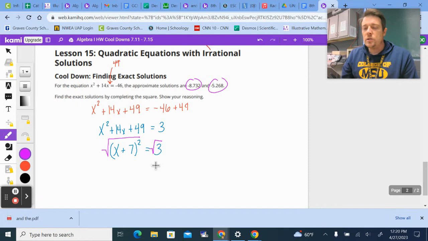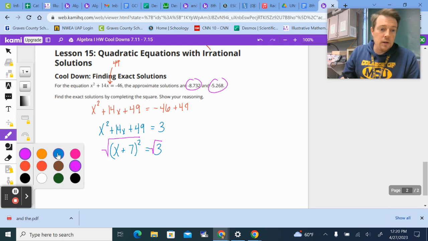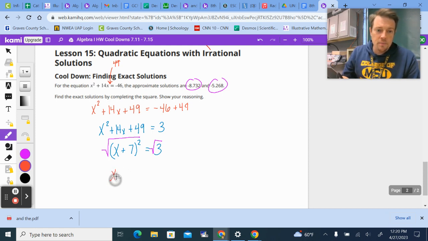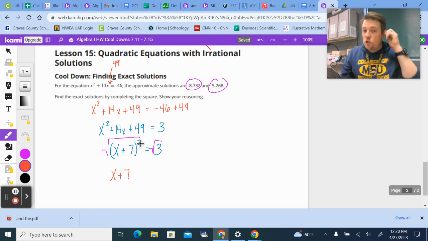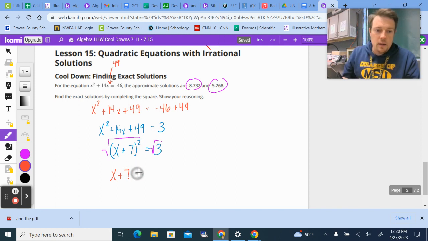But it's not just the square root of 3, it's also the negative version of whatever the square root of 3 is, right? So what we've learned that we can do today is we can take x plus 7, which is what happens when you unsquare a square, right? And then on the right side, we know that it's going to be a positive or a negative square root of 3.